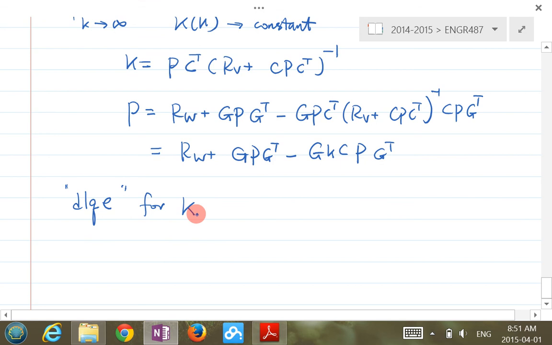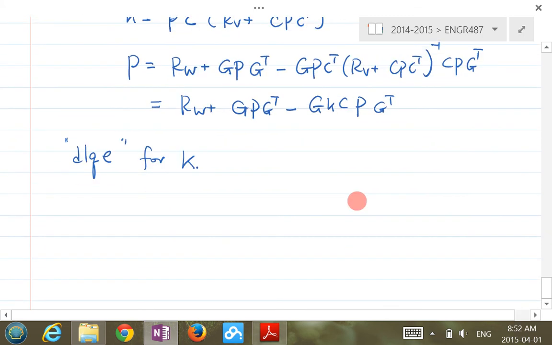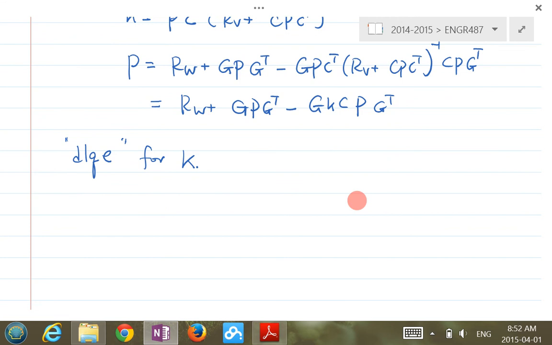A proper usage of this DLQE, you can find in the lecture notes, but maybe I'll just show you what to do here.